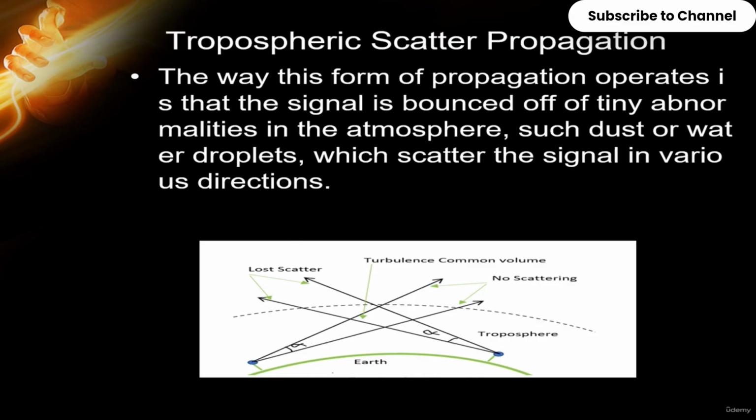In tropospheric scatter transmission, the ground wave has the benefit of being able to travel particular distances with the help of repeaters and other devices, and the signal's quality can be improved by the tropospheric conditions and the power of the transmitters, with diminishing and increasing distances. So these decide the tropospheric scatter transmission.